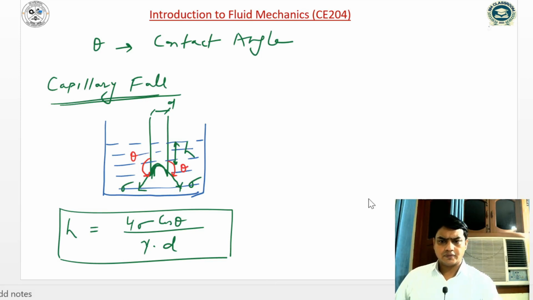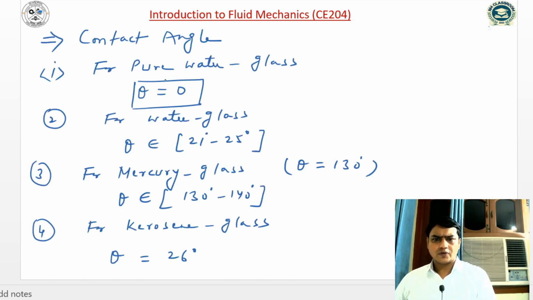Here theta is the contact angle. The contact angle for pure water and glass will be 0 degree, and for ordinary water and glass the value lies between 21 degree to 25 degree.